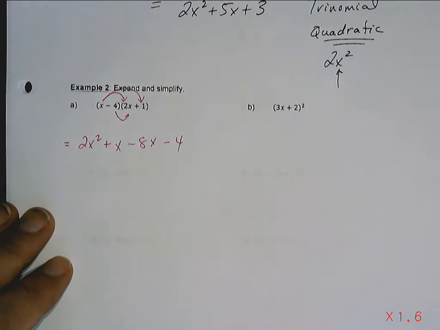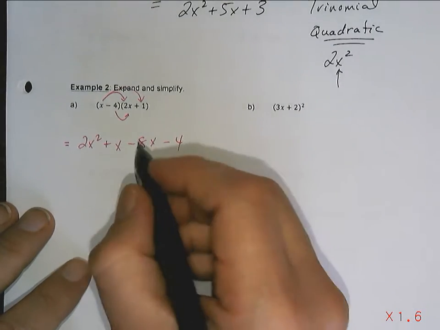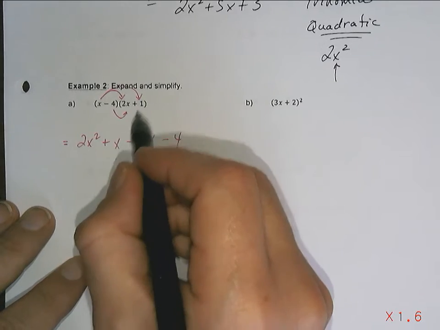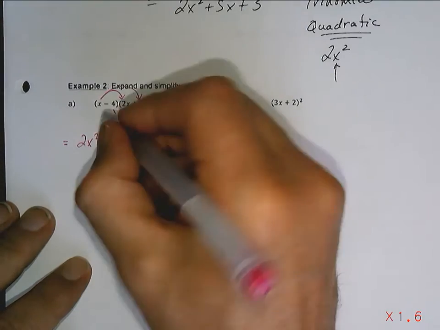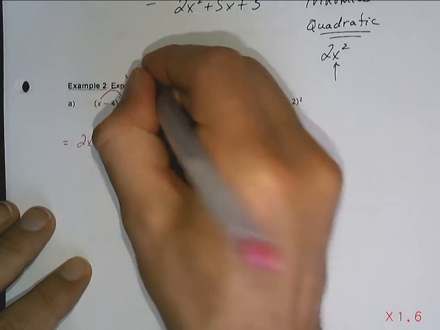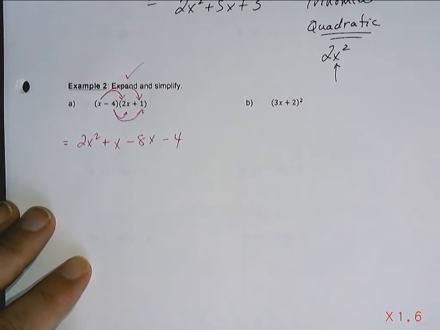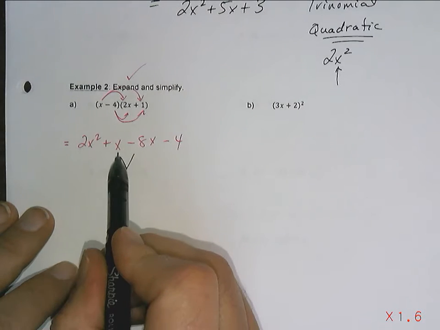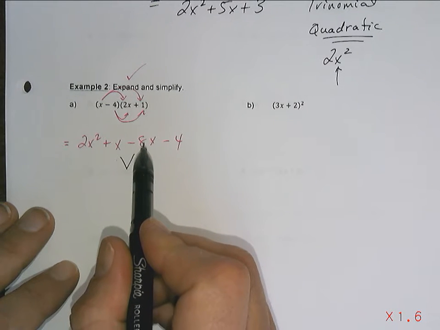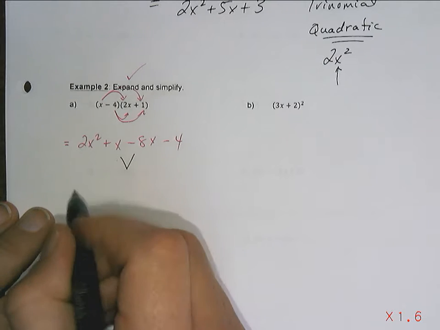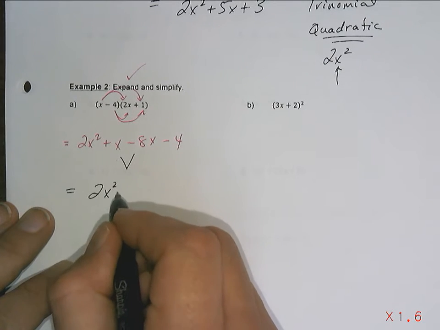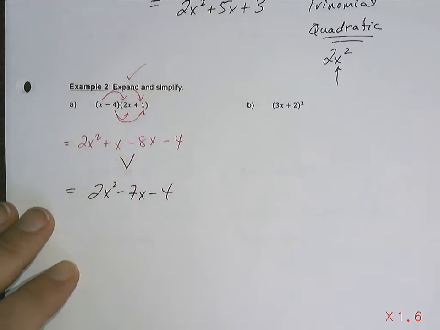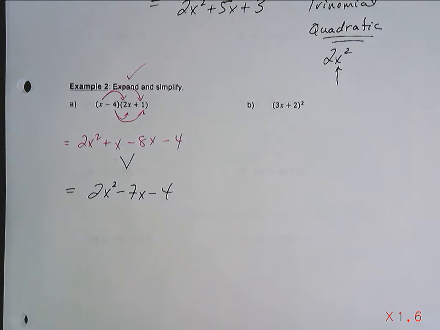Then I take a break, I look around the room, and I come back to the question. I said, okay, that's expanding. I've expanded it, but have I simplified it? The answer is no. Simplifying means collect like terms. So I've got 1 positive x, and I've got 8 negative x's. So my final answer is going to be 2x squared minus 7x minus 4. And that's my final answer.